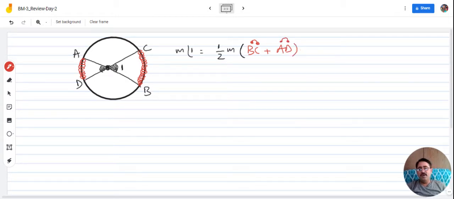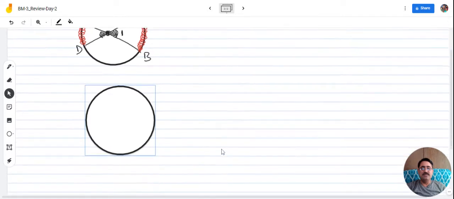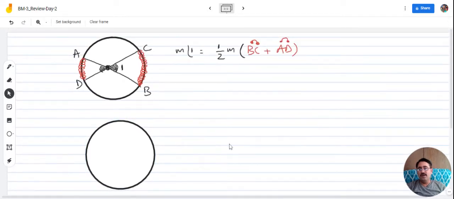Now, let me take a question based on the concept which we discussed just now. Let's say that two lines are drawn, and see that these chords are intersecting inside the circle. Please remember this point of intersection need not be the center.